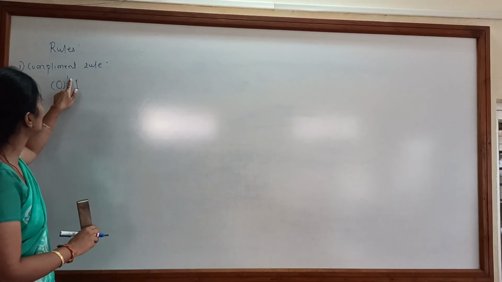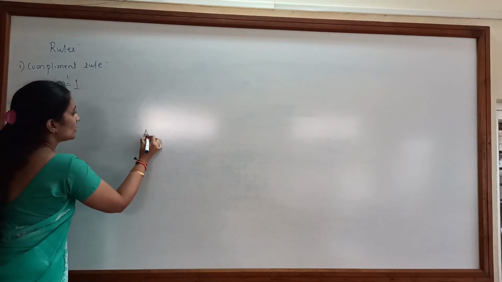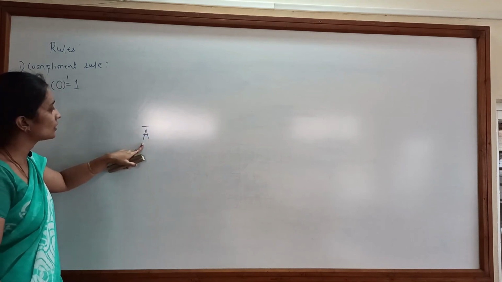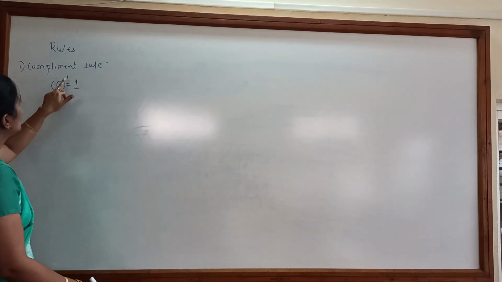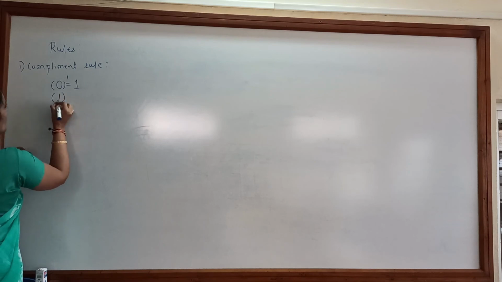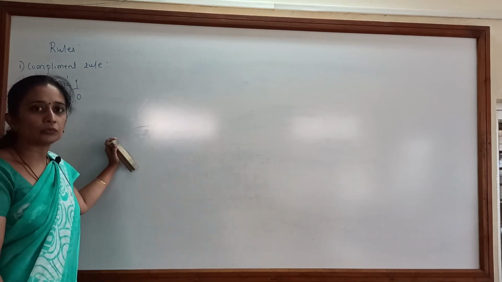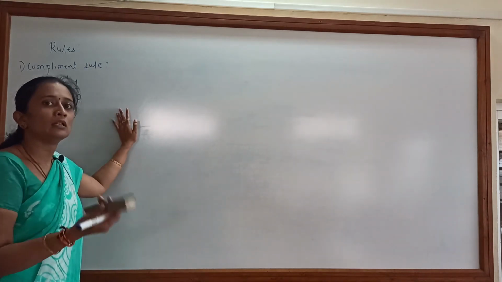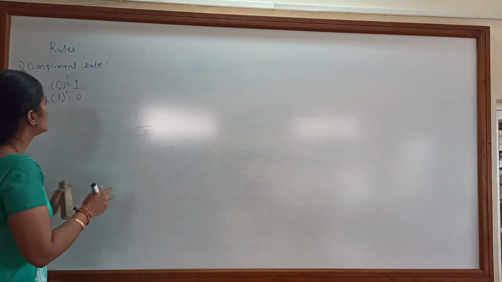Complement is written like this, a bar over the 1, or if we are representing with a letter, you can write it like this. This is called a complement. 0 complement is equal to 1. If the value of input is 1, then 1 complement is equal to 0. This is known as the complement rule. It will change the value from 0 to 1 and 1 to 0.